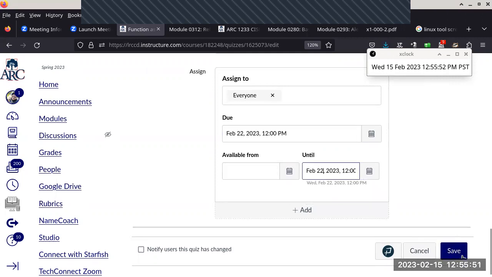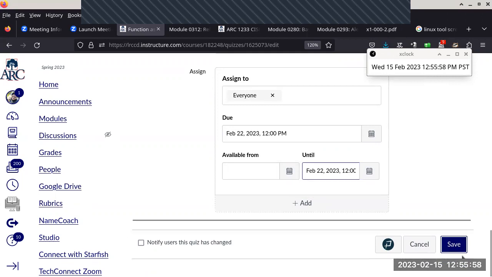All right, there we go. So 22nd is correct, right? Because today is the 15th plus 7, 22nd. So that will be correct. This is also why the exam is going to be on the Wednesday. Next Wednesday, right?